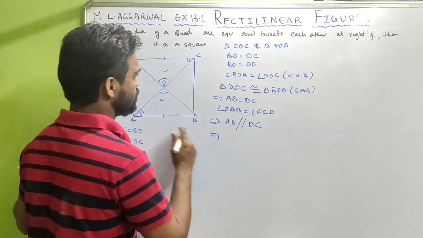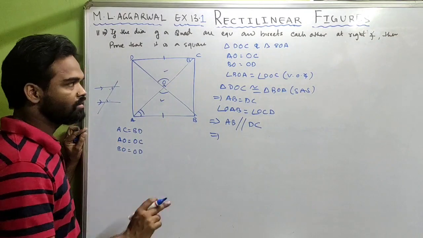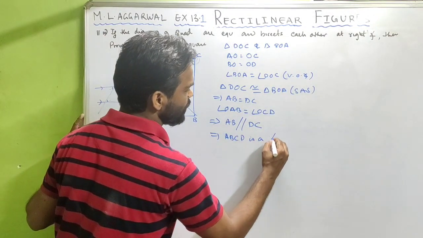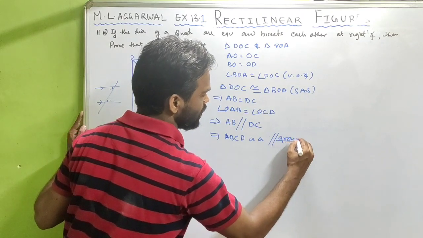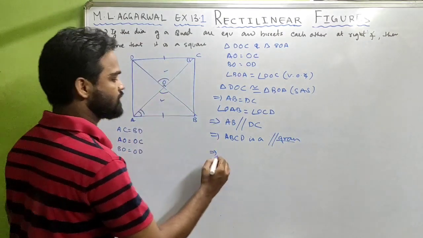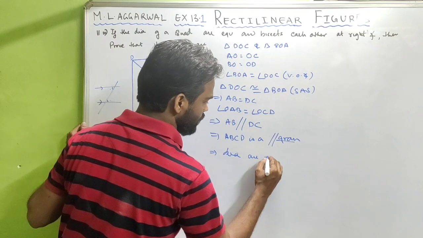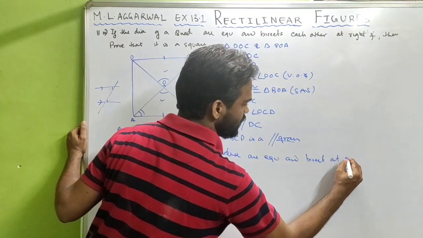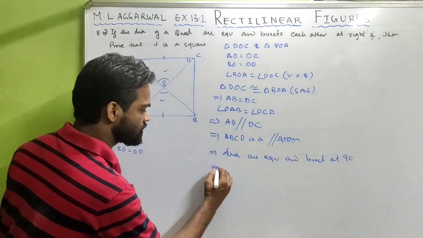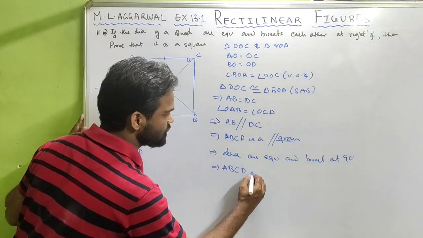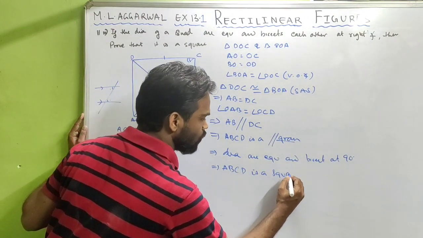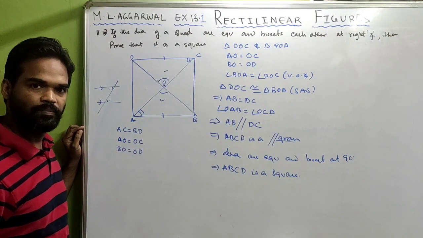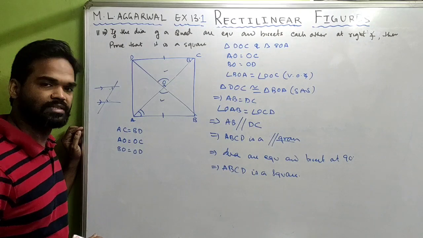So these are parallel and these are equal, which means ABCD is a parallelogram, no doubt in that. And diagonals are equal and bisect at 90 degrees. They have already told, which simply means that ABCD is a square. Done. Okay. Now let us see the next sum.